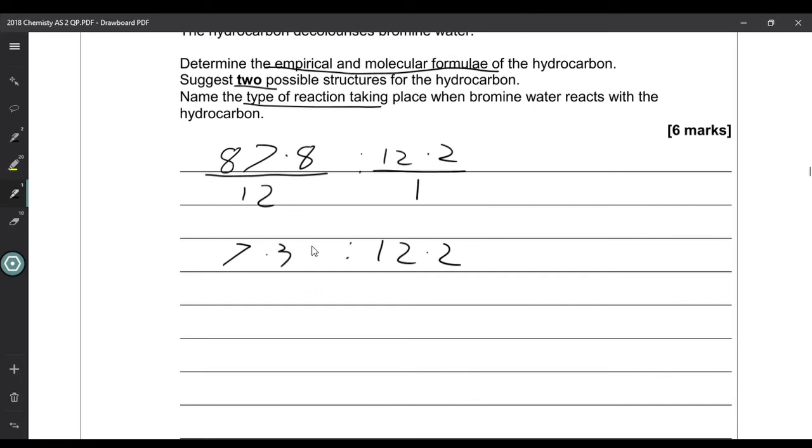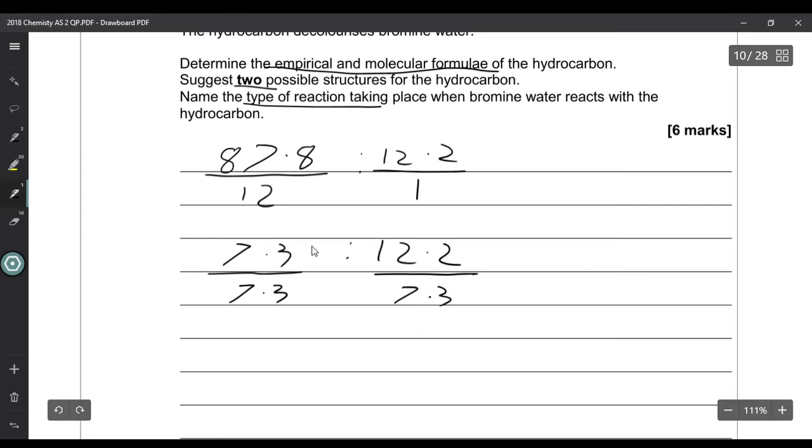So what we want to do now is divide each of these numbers by the smallest of the two. So in this case it would be 7.3.